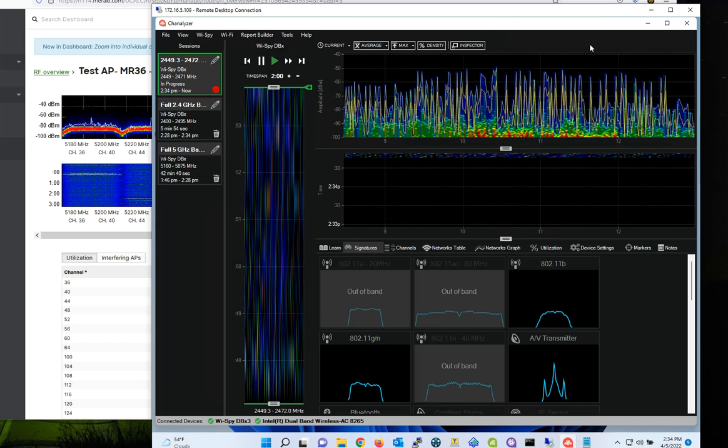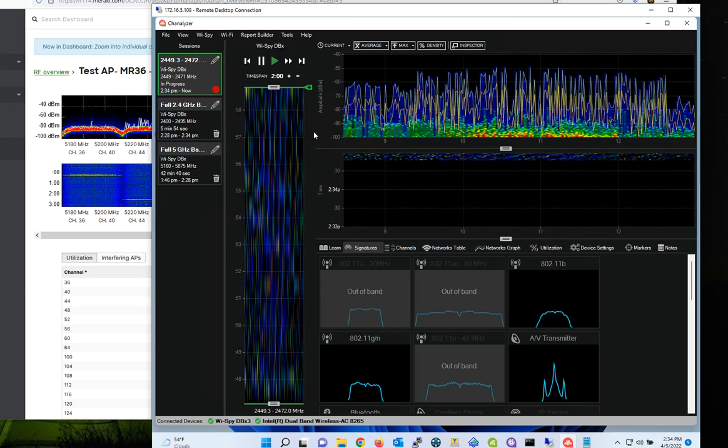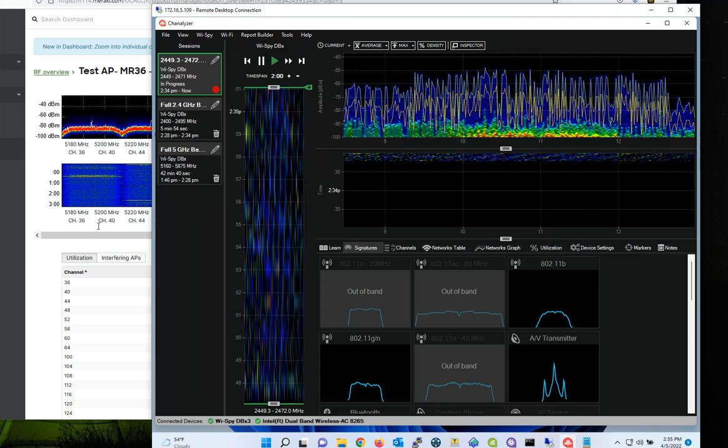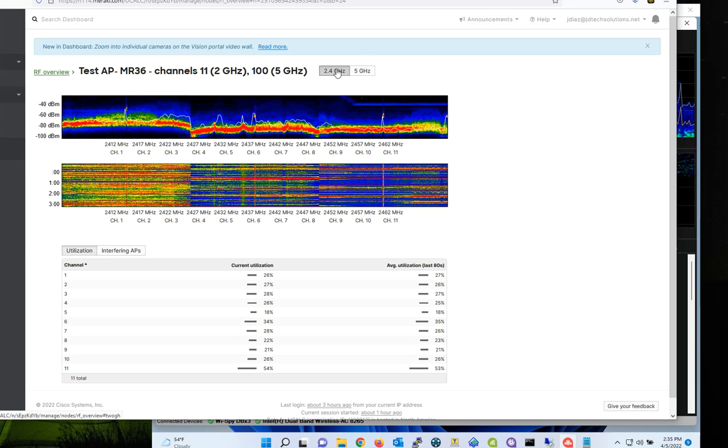But again, going back to your point, if you don't have a spectrum analyzer on premise, you can definitely use what Meraki and Cisco offer, because this is also available in Cisco and even the other enterprise-grade Wi-Fi vendors, they do have a version of this. But if you have Meraki, this is part of the system. You don't have to pay for any extra license to utilize this, and it's good information.